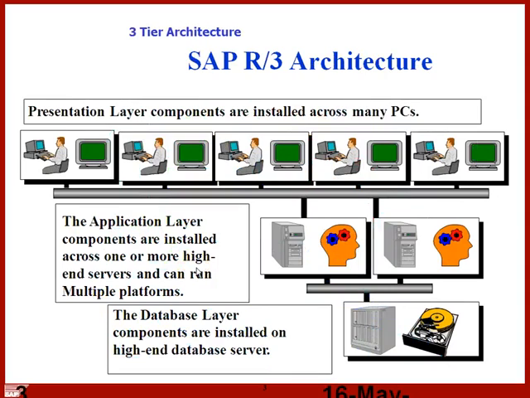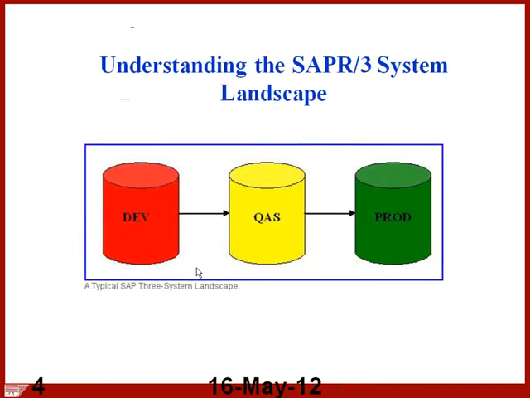Now let's understand the topics we are going to cover in SAP MM. We will discuss architecture: what is single tier, two tier, three tier, in which tier which application components will be available, and which one will be used for communication. All these things we discuss in the first class.